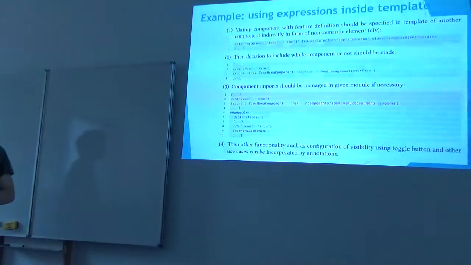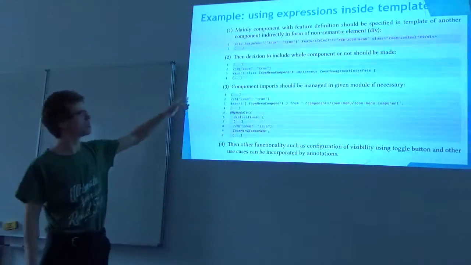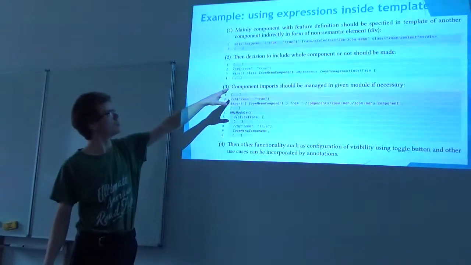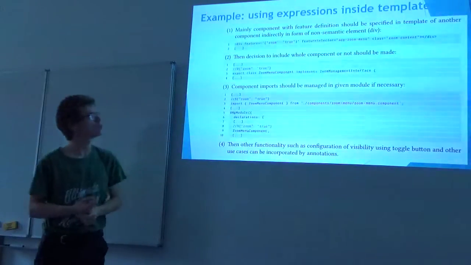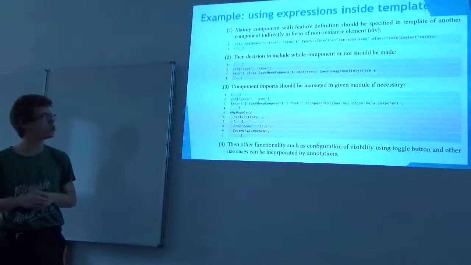By using, you already know, a beautiful soup in Python probably, if you are web scrapers, in Java it is something like this. And what is necessary is to annotate the whole class, zoom menu component, because if we don't want it, we should remove the whole file at all.